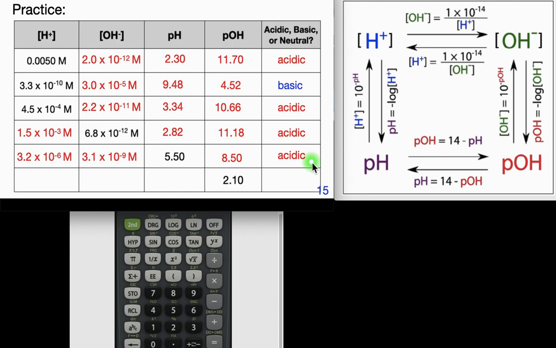Okay, and then last, we're given the pOH. So let's go from the pOH to the pH by subtracting it from 14. That'll give us 11.90. And then let's go from the pOH to the hydroxide ion concentration, and that's using the antilog key.